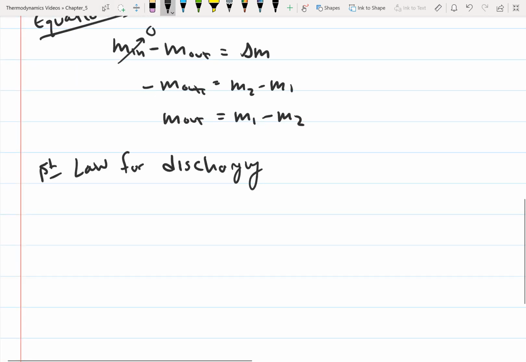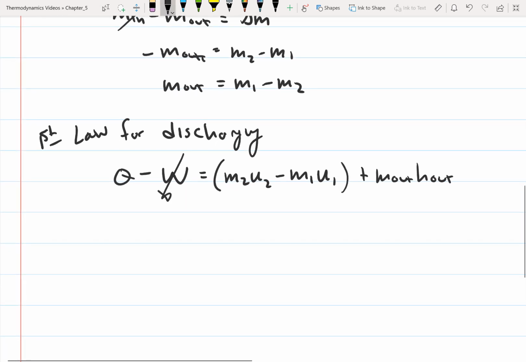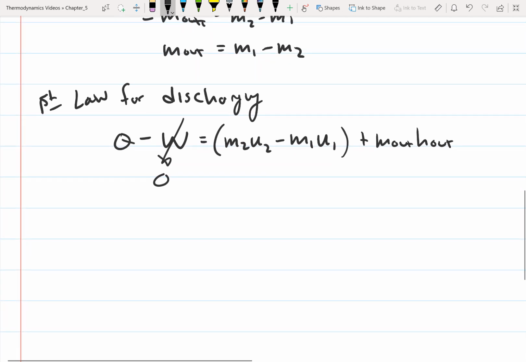So this is Q minus W is equal to M2 U2 minus M1 U1 plus M out H out. And the work is 0, so we're just going to take that out.